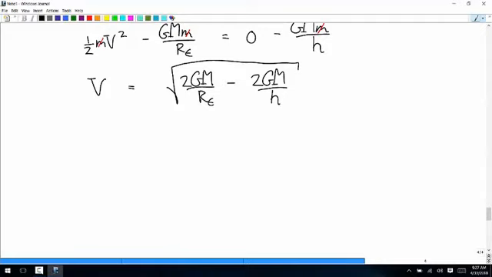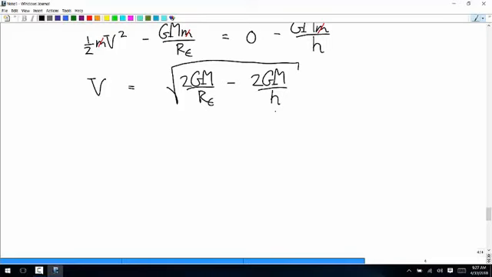Yes? Oh, it won't matter, but that's a good thought. So I guess we're saying that h is a distance from the center of mass of the Earth, the way I have it written there, instead of a height above the surface.